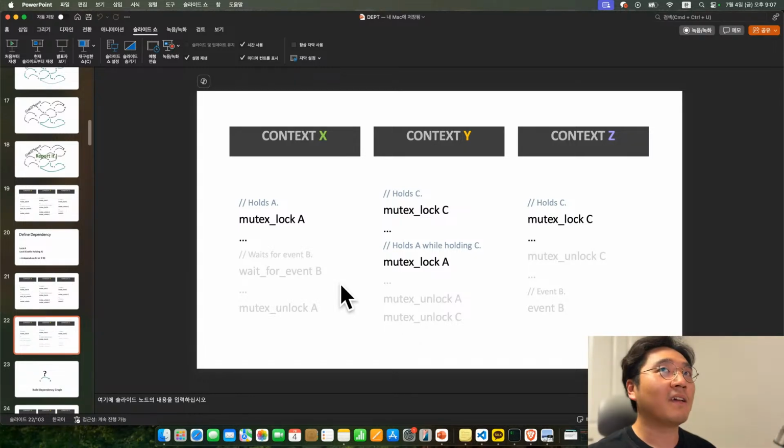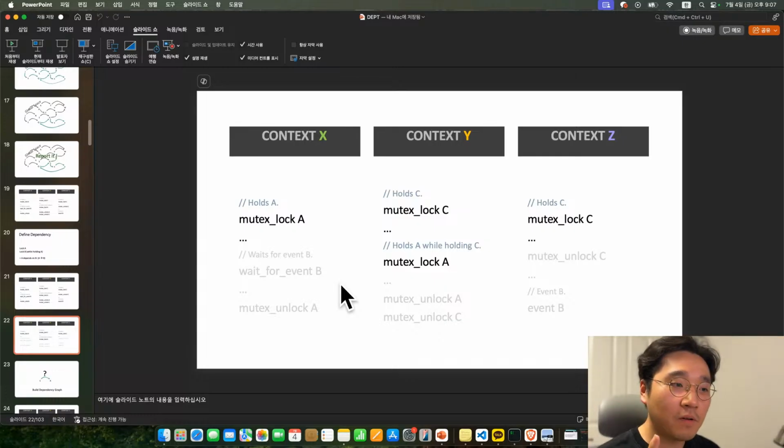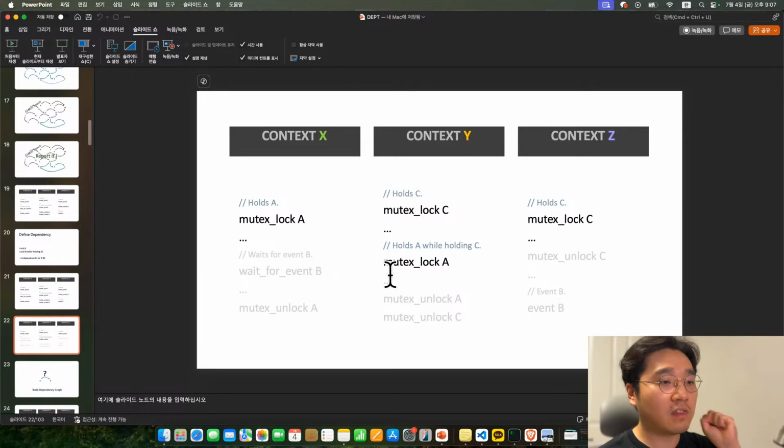So if you configure Lockdep and a situation like the one in this slide occurs, it does not report it. Lockdep has no feature for detecting this waiting. It can only detect each lock, right?